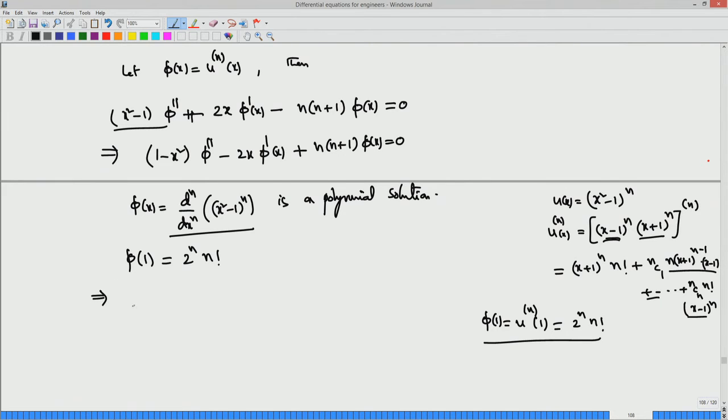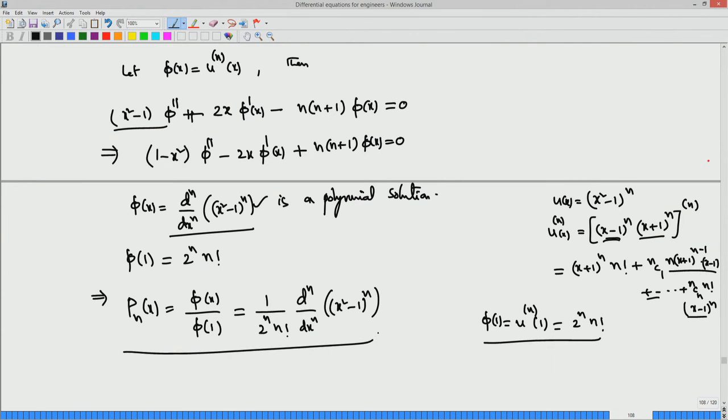So this implies my Pn of x is a polynomial solution whose value should be equal to 1. If I choose phi x by phi 1, then Pn of 1 equals phi 1 cancelling, which is equal to 1. So this is exactly the formula, d^n/dx^n of (x^2 - 1)^n, divided by 2^n n factorial.